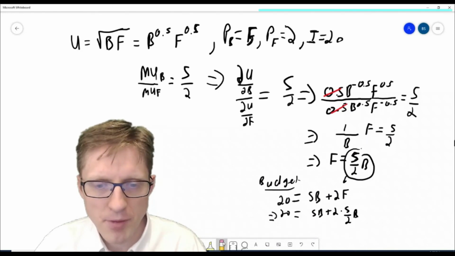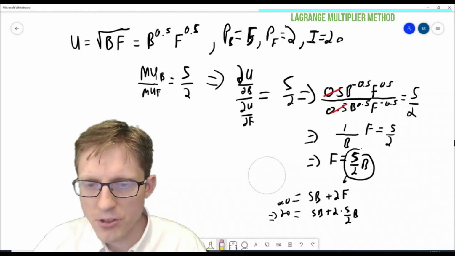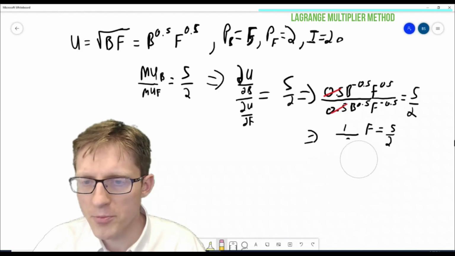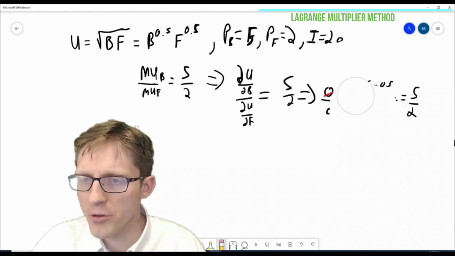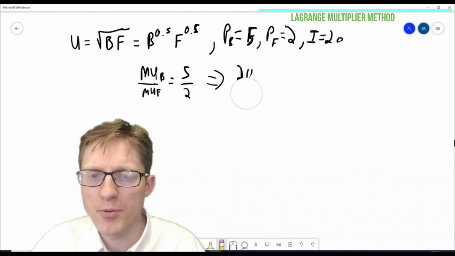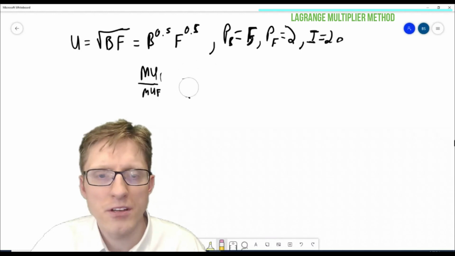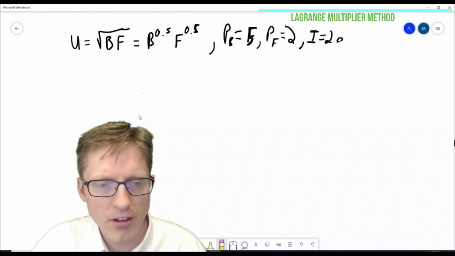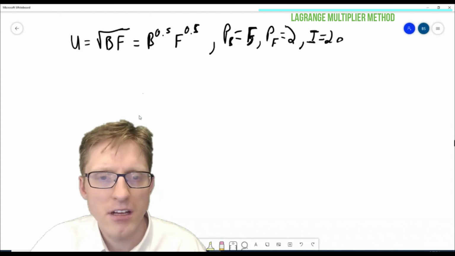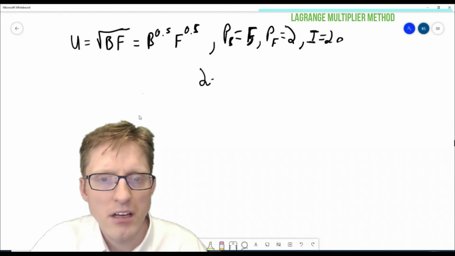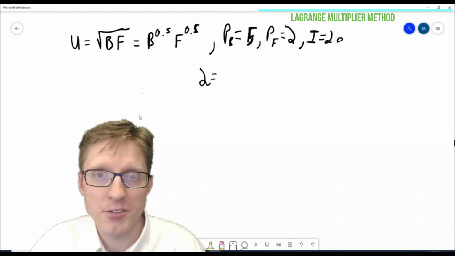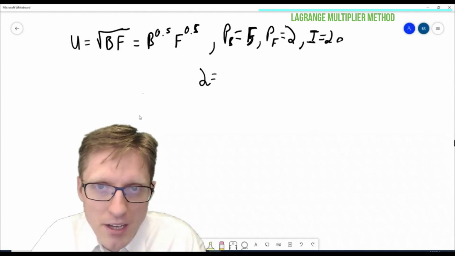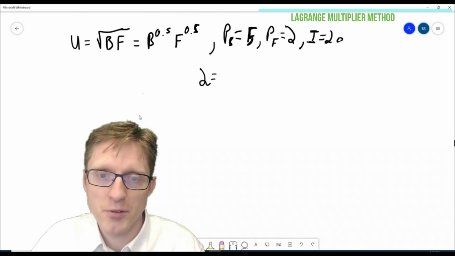And the last method you could use is the Lagrange multiplier method. So let's go through that quickly. With the Lagrange multiplier method, you start by writing down the Lagrangian function, which is equal to the thing that you're trying to maximize or minimize. What are we trying to maximize? We're trying to maximize the consumer's utility.